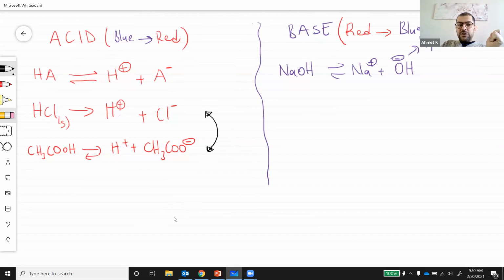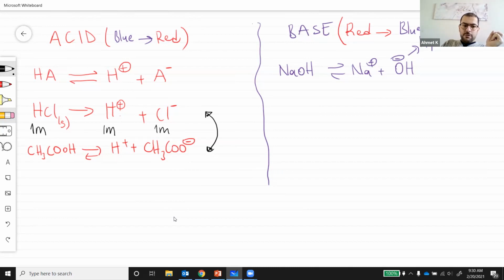If you have 1 molar of HCl and dissolve it in water, you will get 1 molar of H pluses and 1 molar of Cl minuses, right? Okay.